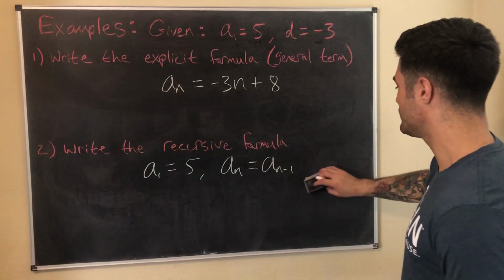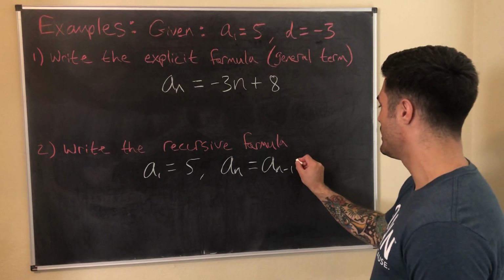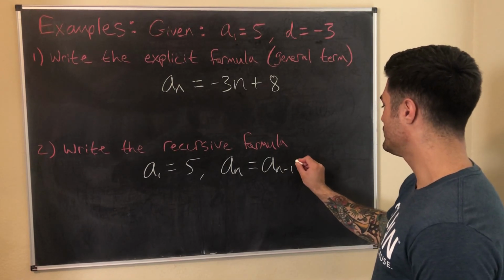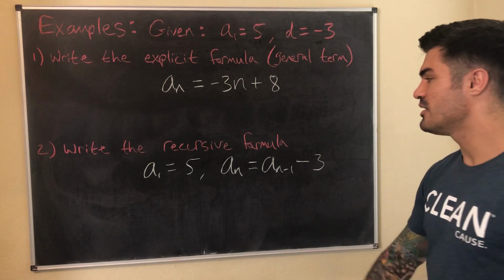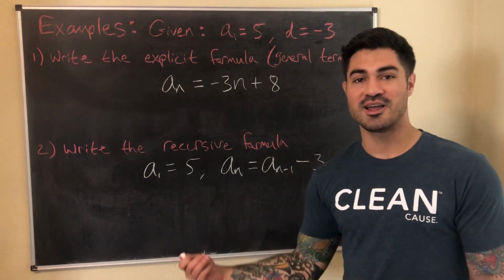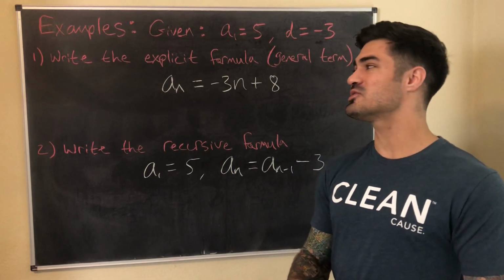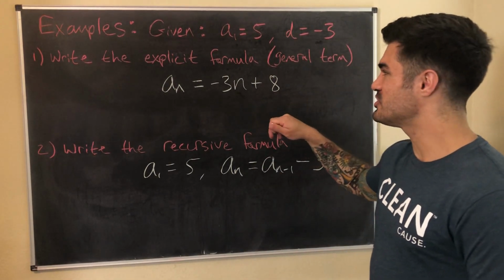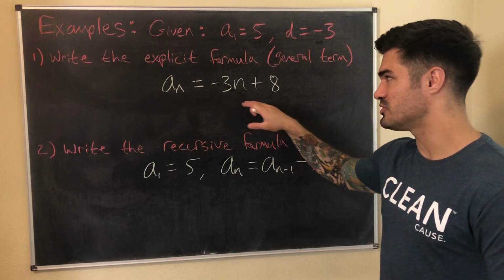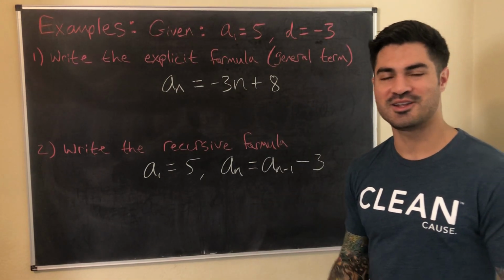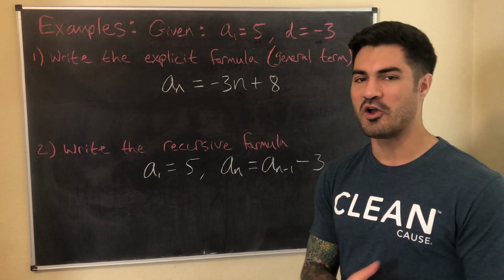I don't want to add though, I want to subtract because it's negative 3. So adding negative 3, which is the same as subtracting 3, and that's the recursive formula, and that also lines up with the formula I showed a couple of slides ago. So again, you don't need to memorize those things. Build some intuition and understanding around how these sequences work, and you'll be able to just kind of explore your way through it. And it's a lot more fun doing it this way than relying on formulas.